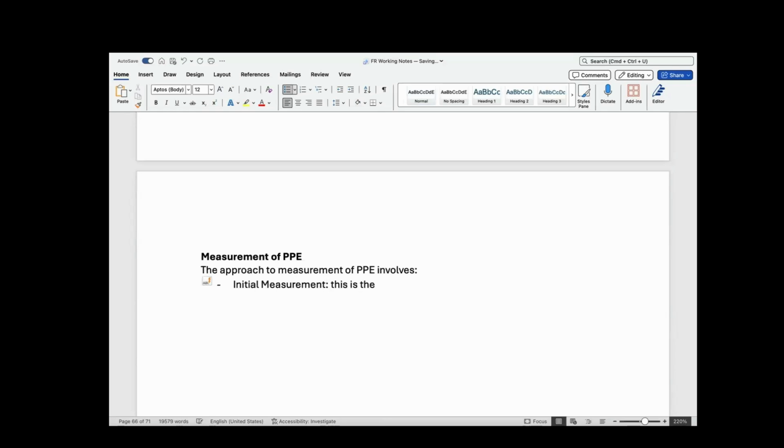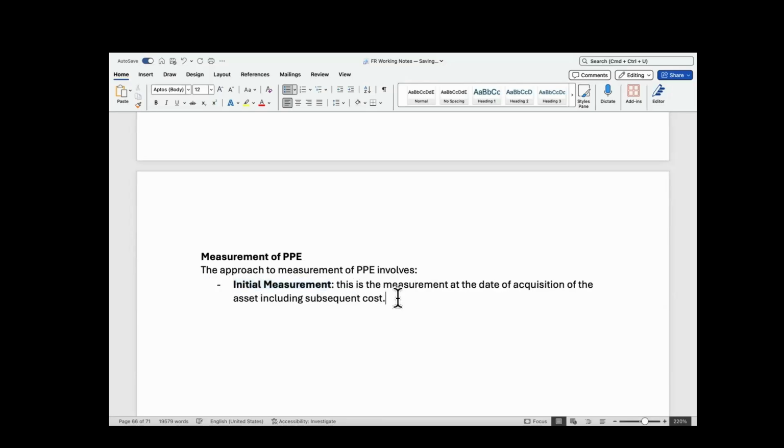And this is the measurement at the date of acquisition of the assets, including subsequent costs that I've mentioned above. That's what we say initial measurements.